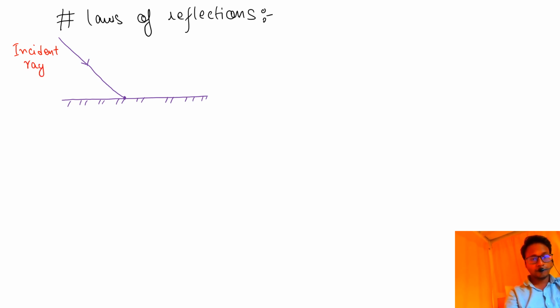Incident ray. Now at the point where the ray of light struck the mirror, we draw a line that is perpendicular to the mirror. And that line is called the normal.